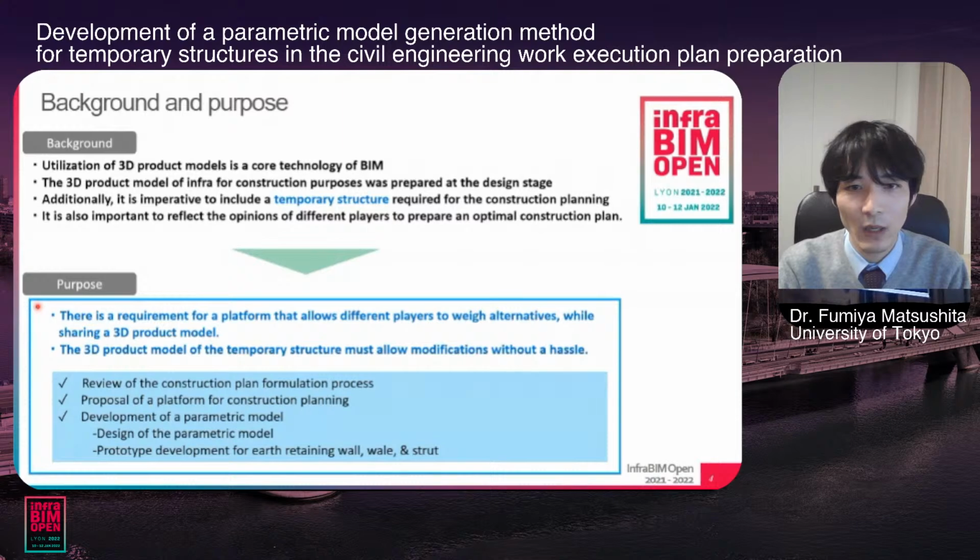The second is a method to easily generate a 3D production model of temporary structure and make it easy to define the model and reflect various opinions. In order to achieve both, I proceed with this research according to the following three steps.